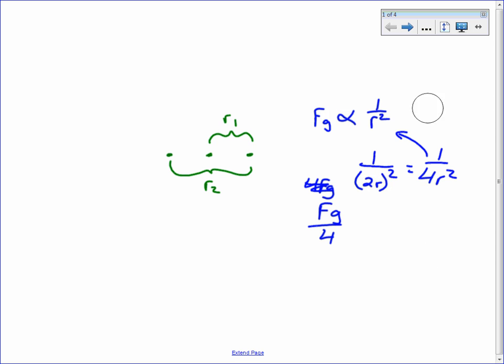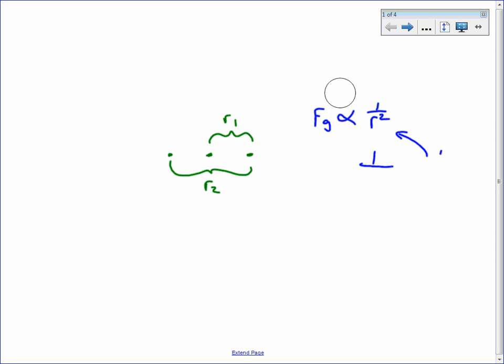And this leads us to the proportional equation, which exactly looks like this. Force of gravity is proportional to mass 1 times mass 2 divided by the radius, the distance between them, squared. So this follows.